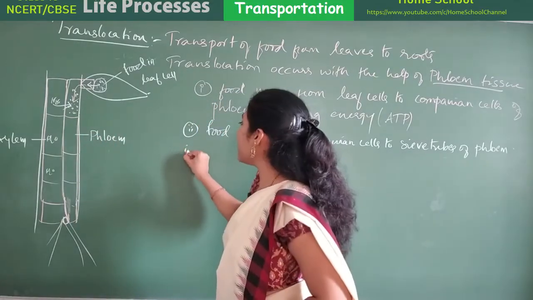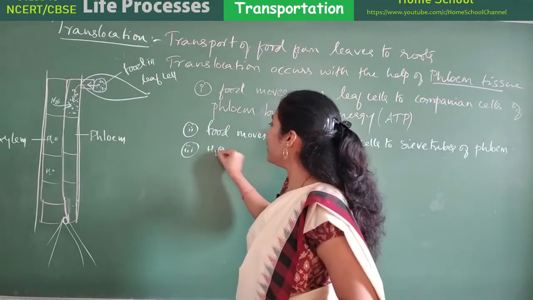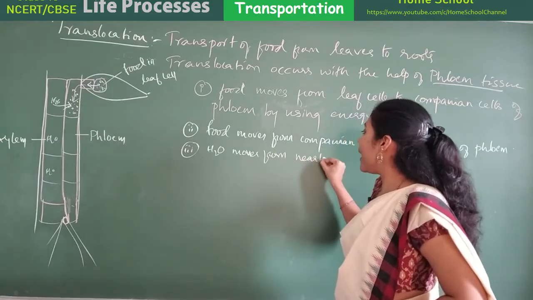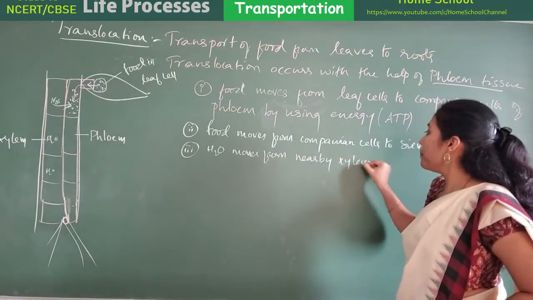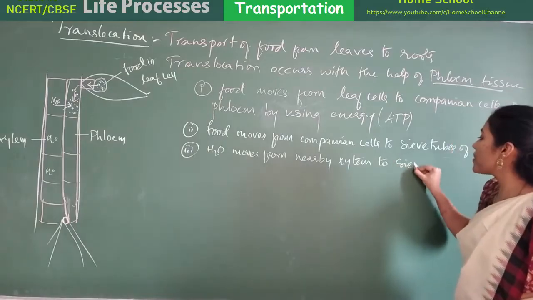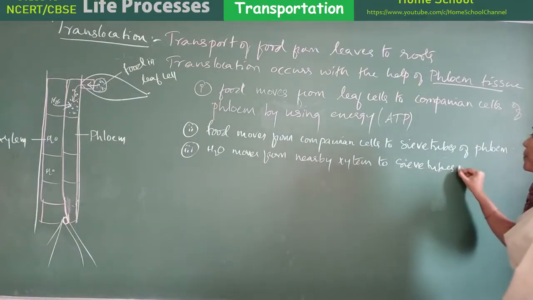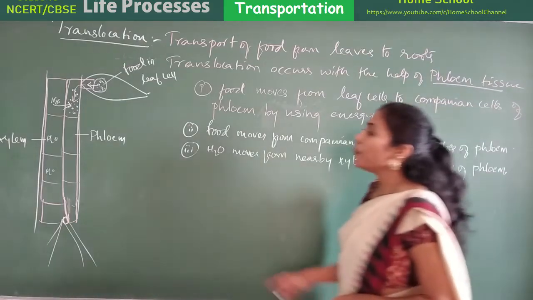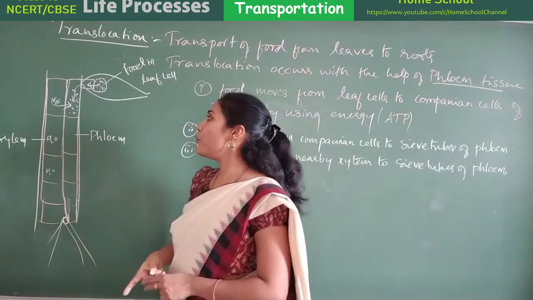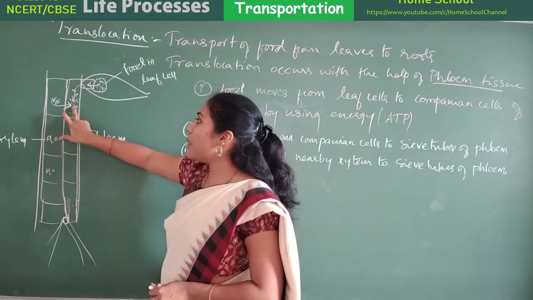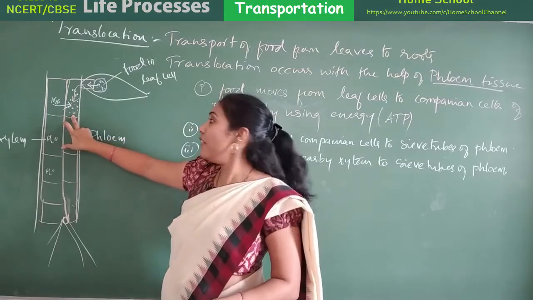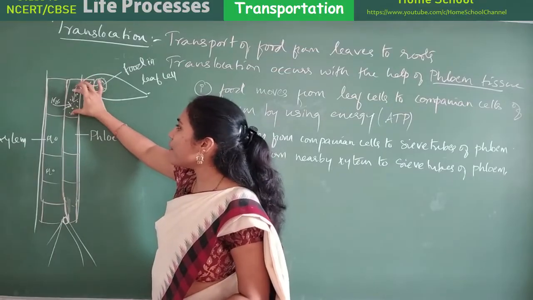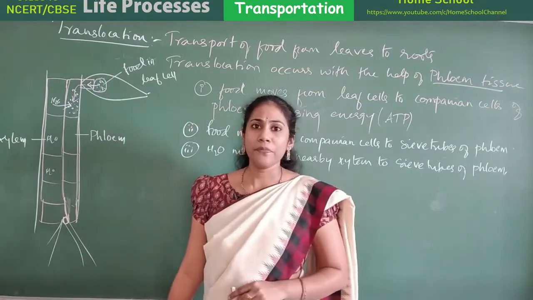So what is the third step happening here? Water moves from nearby xylem to sieve tubes of phloem. Once the water moves from xylem to sieve tubes of phloem, you observe this particular phloem cell, food is there, water is there, very high concentration and lots of pressure would be there in this cell.